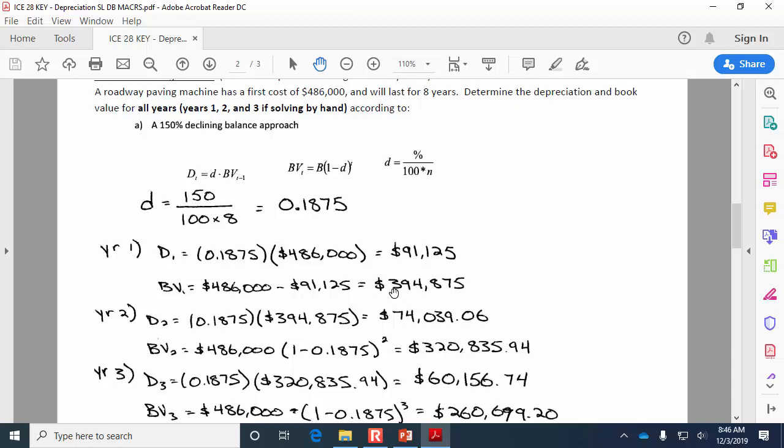In other words, $394,875 minus the $74,039 depreciation, you'd get the same book value of $320,000. So you can either calculate the depreciation amount for each year and then get the book value with that dollar quantity, or you can calculate the book value by using this exponent approach. If you're solving with Excel, it might be simplest to set it up row by row by using the depreciation amount.